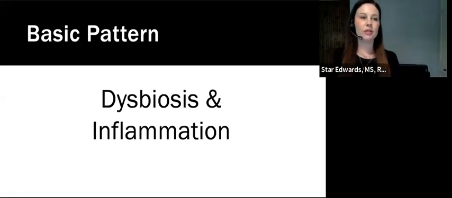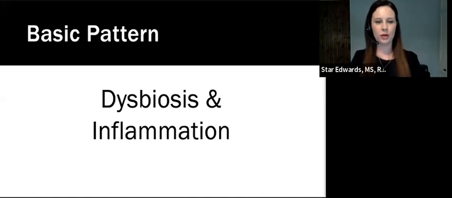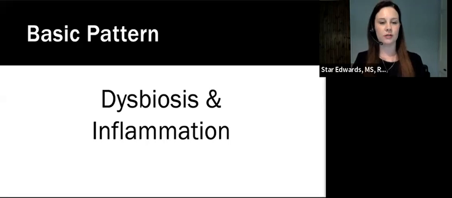As a result, this literature will show a group of bacteria that's elevated in those conditions, a group of bacteria that's low, as well as specific metabolites. It might include things like histamine and short chain fatty acids. And that is what we are referring to as a pattern.